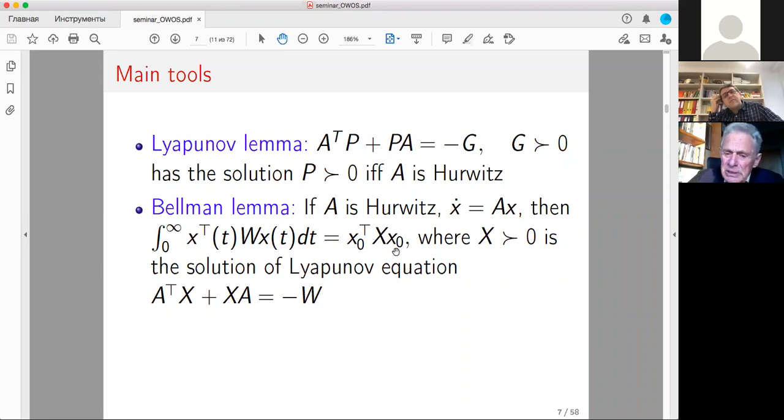X0 is the initial condition, while positive definite X is a solution of the Lyapunov equation with this matrix W in the right-hand side.